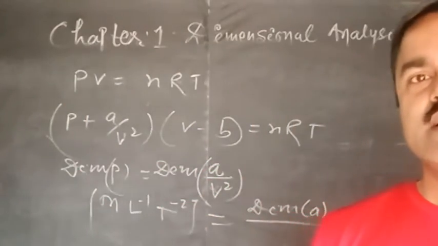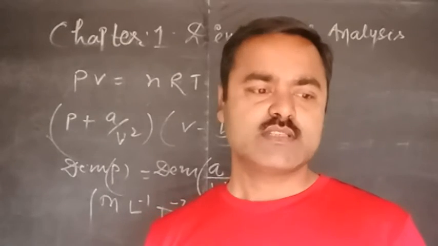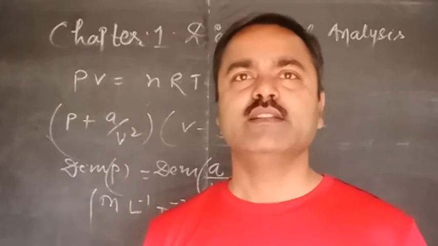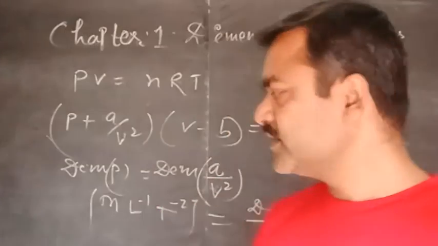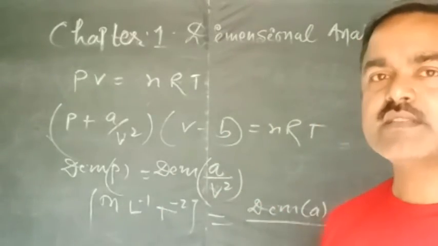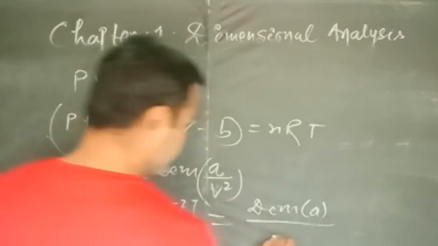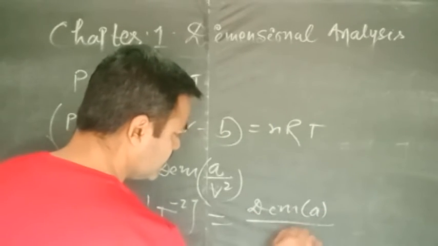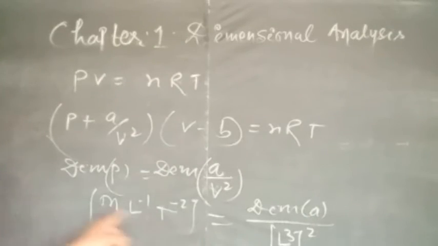You know the dimensional formula of volume is L cube, because volume is length into breadth into height, meaning L into L into L. So L cube, but here it is V square, so L cube square. Now do the cross multiply here.